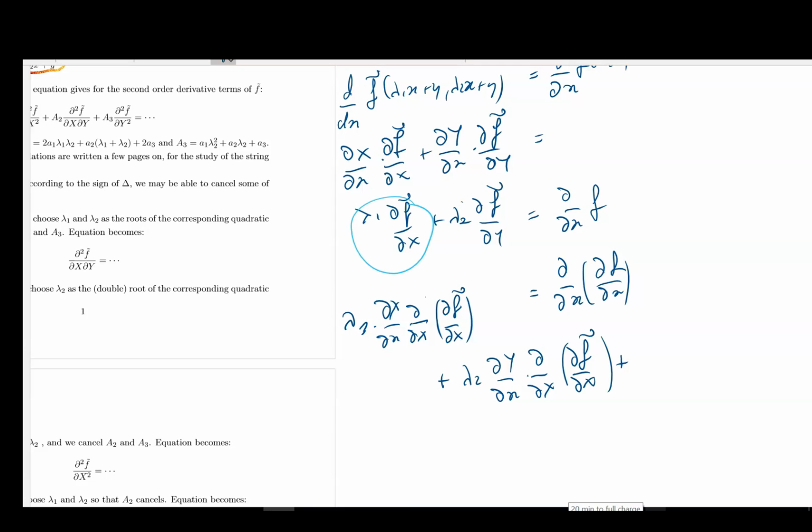That term, if I apply that derivative again, is going to give me those first two terms here.